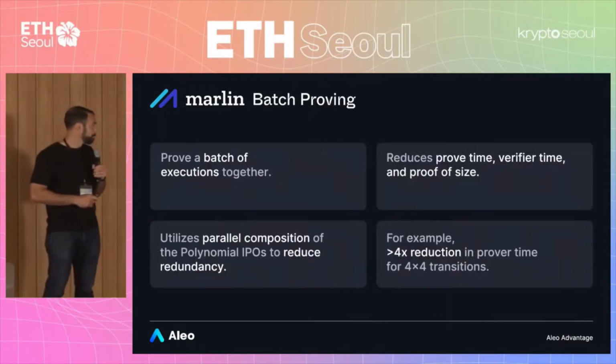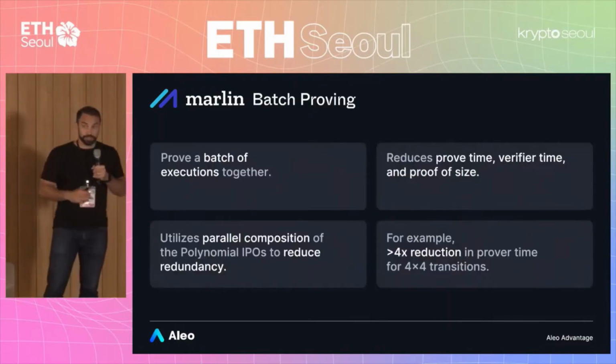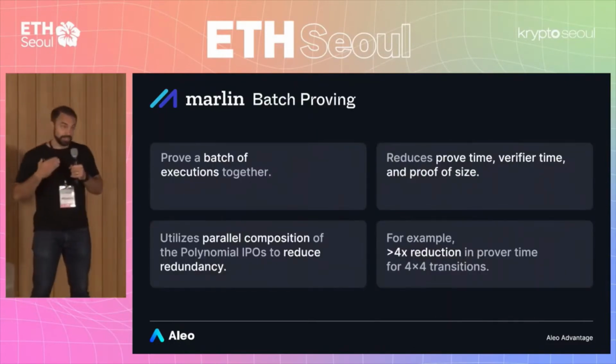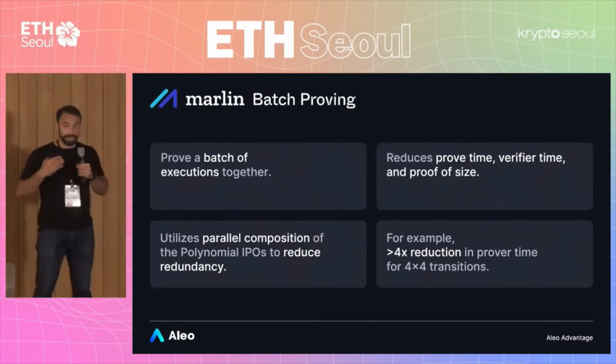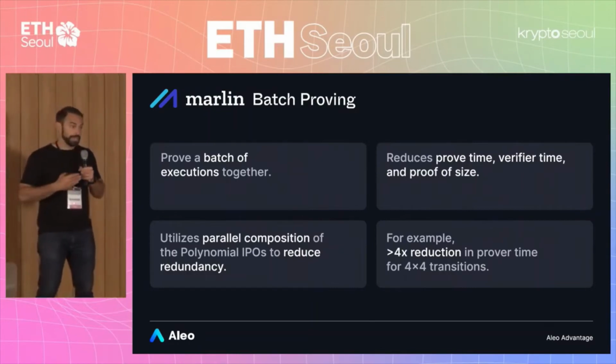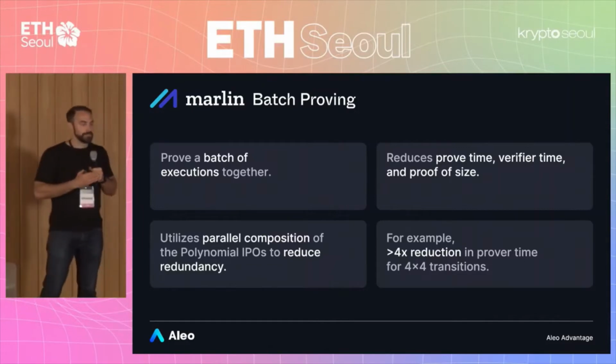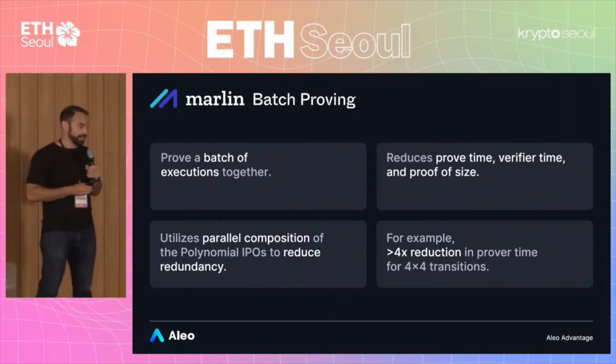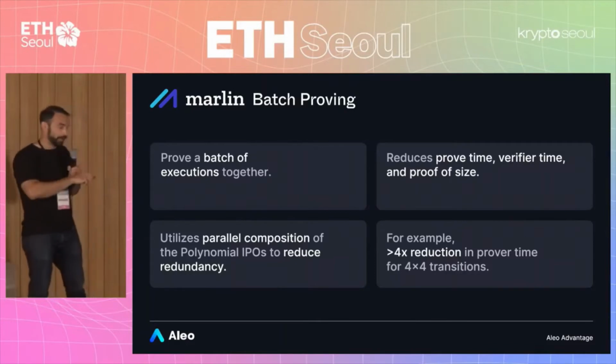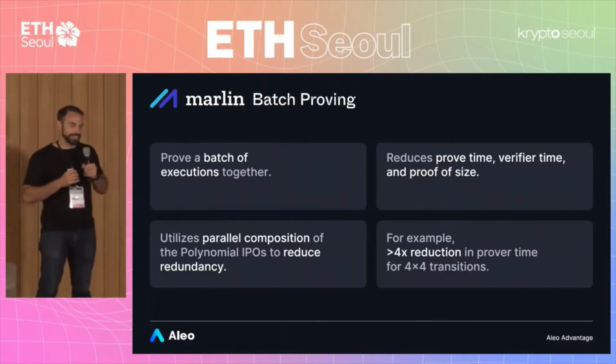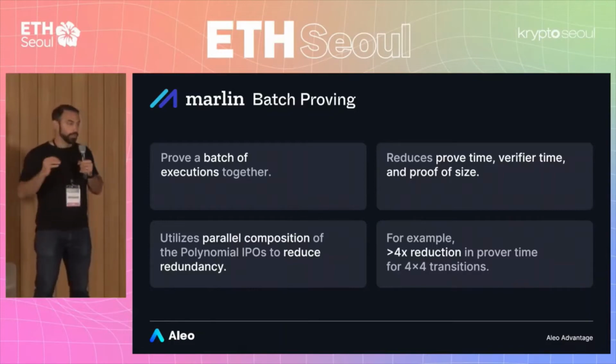The other thing that this gives you is batch proving. And this is actually very similar to how rollups work. In Aleo, every transaction can consist of 64 separate state transitions, and these are batched together in a single transaction. And the cool thing about the model that we have using Marlin is you can batch these together in a way that the cost increases sublinearly with the number of transitions.